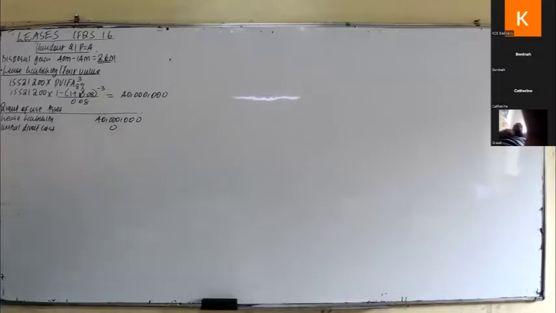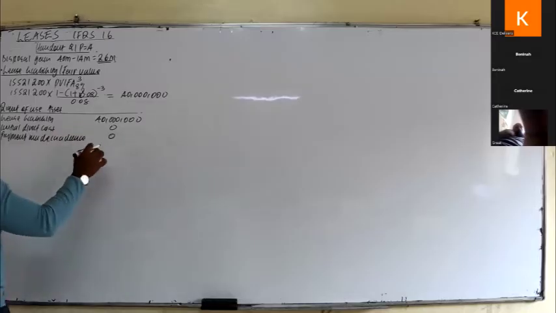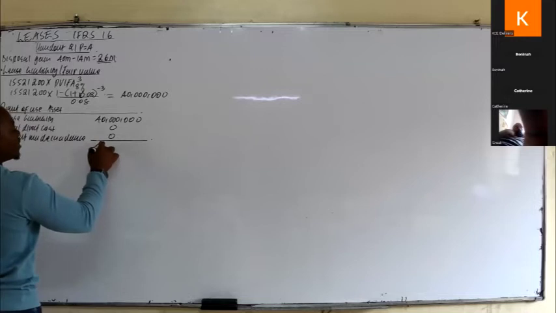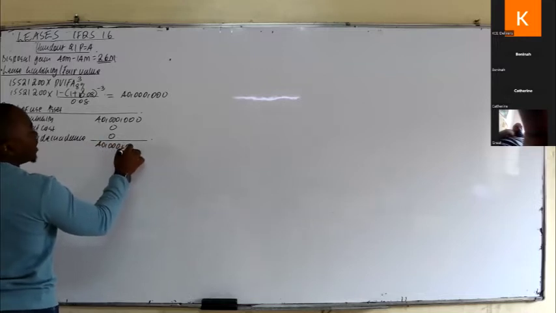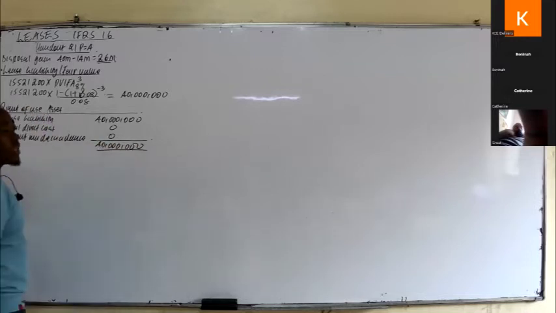You also add the payment made at the commencement. That one only applies when the lease rentals are payable in advance. It's also 0 because in this case we are paying in arrears. So you still get 40 million. So the lease liability will be the same as the right of use asset.